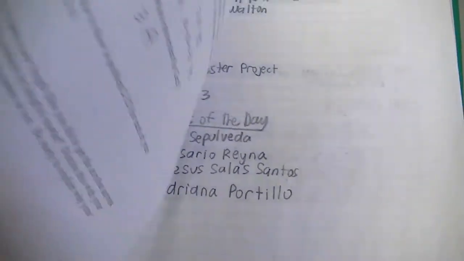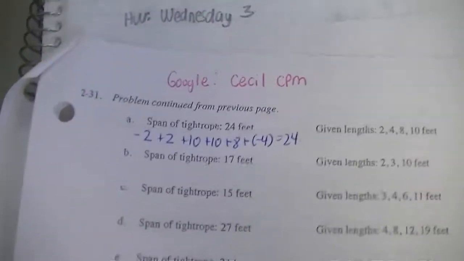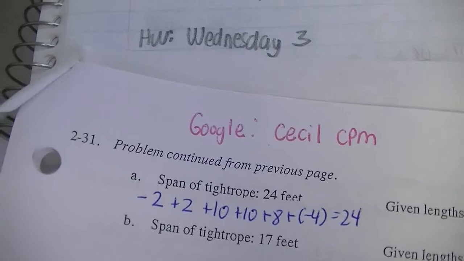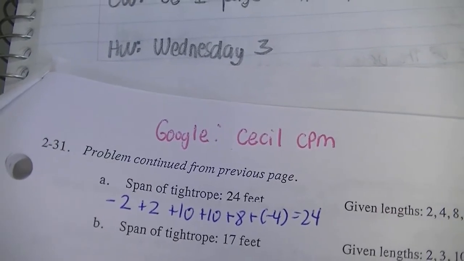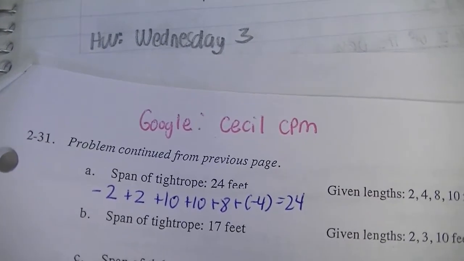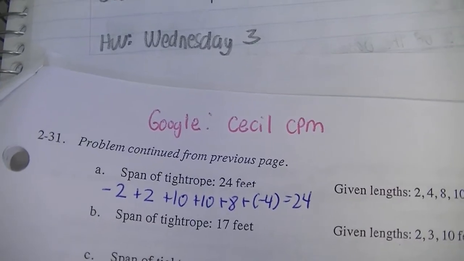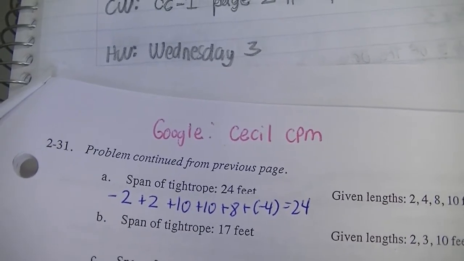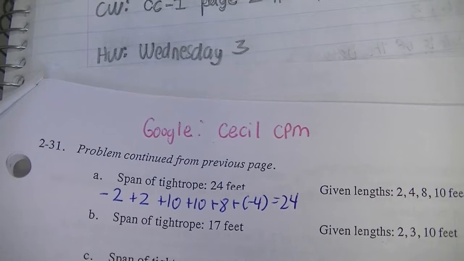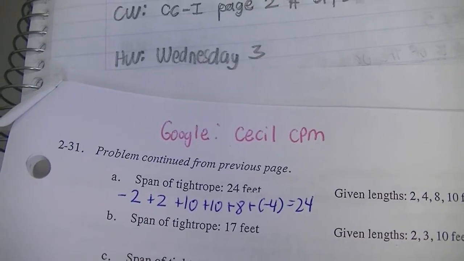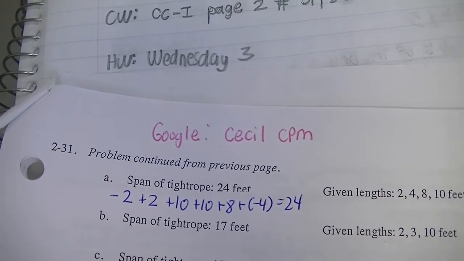So we wanted you to go to this website on your Chromebook. Just go to Google and Google Cecil, CPM, and it should come up as probably the first search on there. That's what the students in class today used as a resource.